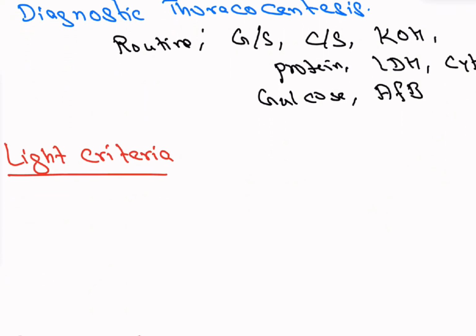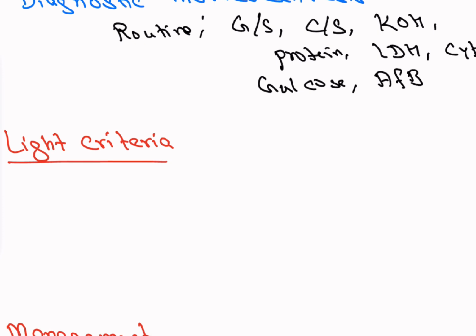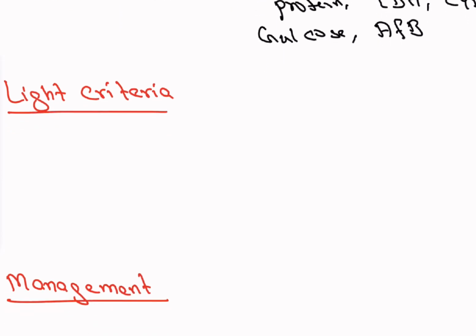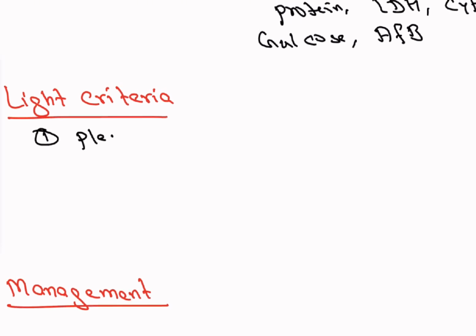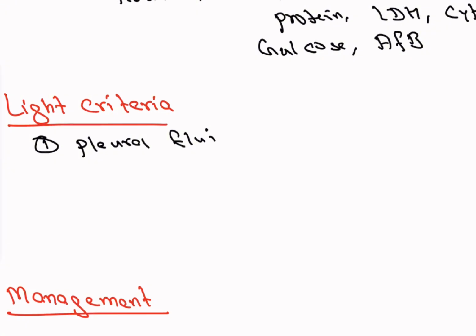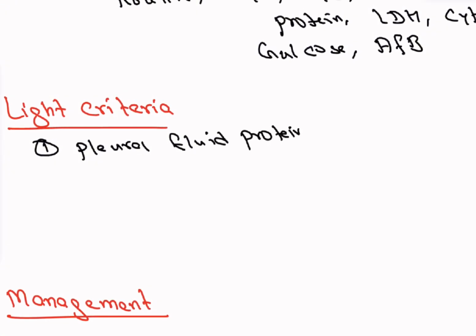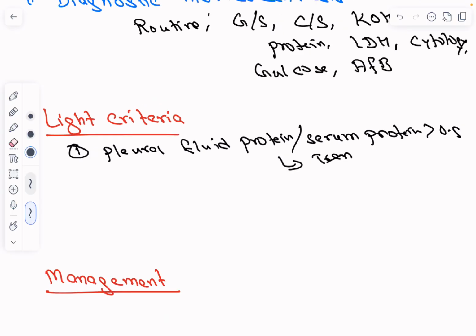Then comes the Light's criteria. This helps to differentiate whether it is transudative fluid or exudative fluid. In Light's criteria, there are three measures. Pleural fluid protein to serum protein ratio, if it is more than 0.5, then it is exudative.